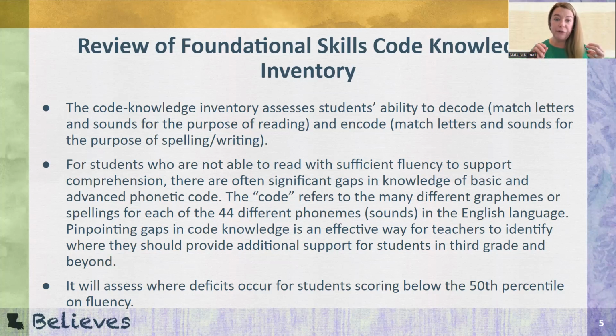And this code we keep referring to refers to the many different graphemes or spellings for each of the 44 different phonemes or sounds in the English language. Pinpointing gaps in code knowledge is an effective way for teachers to identify where they should provide additional support for students in third grade and beyond. And it will also assess where deficits occur for students scoring below the 50th percentile on the fluency.